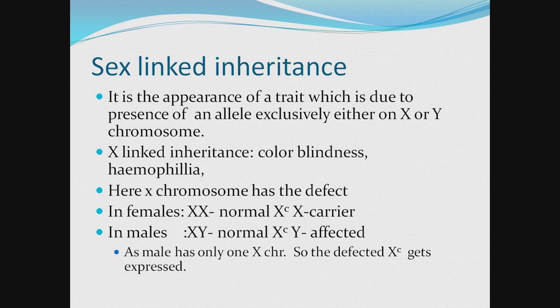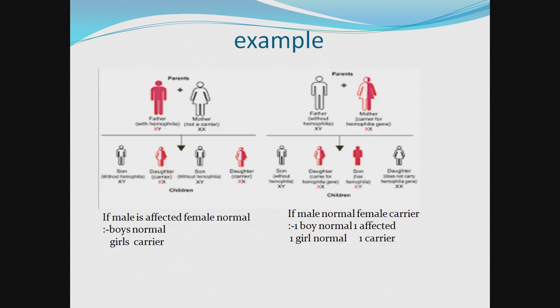But in males, what happens? In males, there is only one option, one X and one Y. As the other X is absent here, the X carrying the defective gene is expressed. So the X carrying the defective gene is always expressed, so the males are affected here.